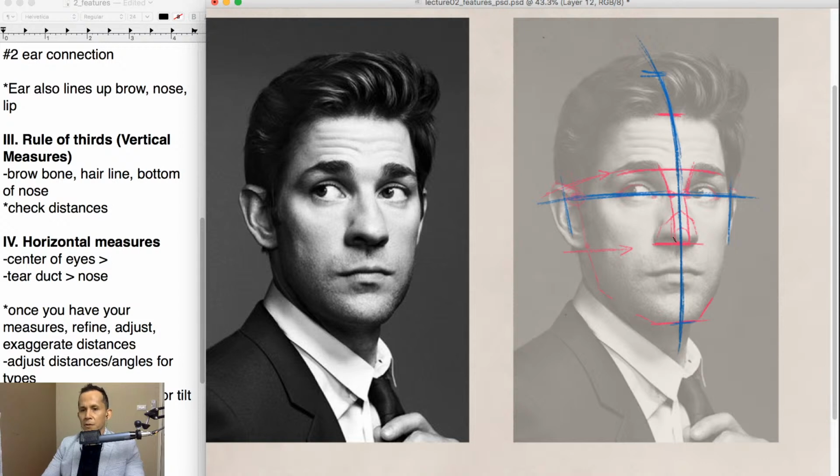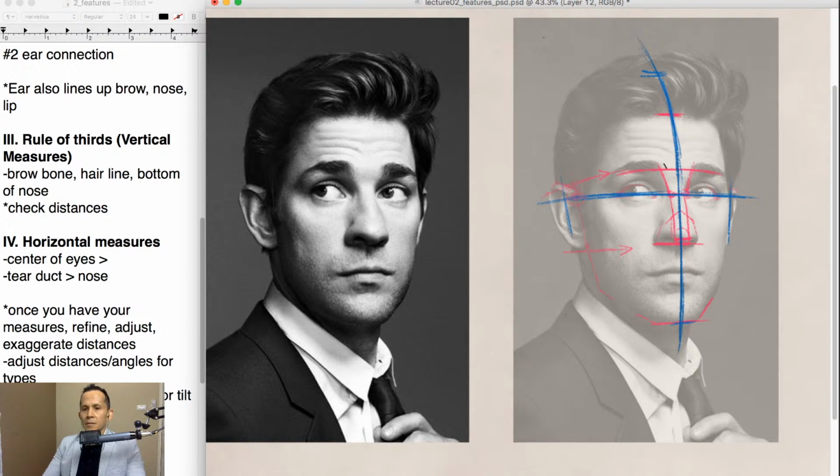That's a very important structure right there, very important top plane. So again, this is a linear idea. Now we're getting into planes. So these are rhythms, but they're also planes.